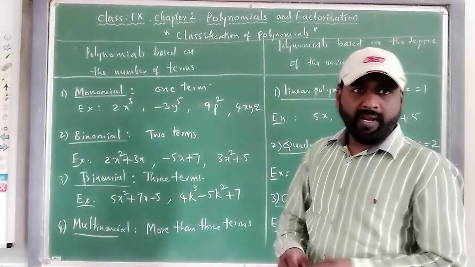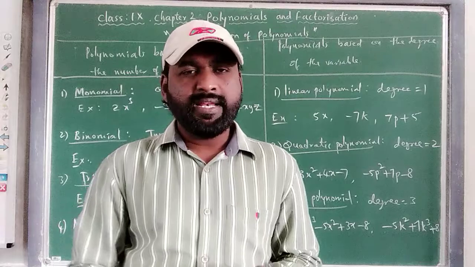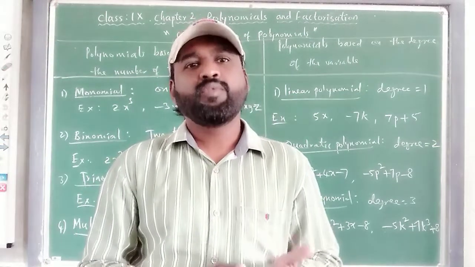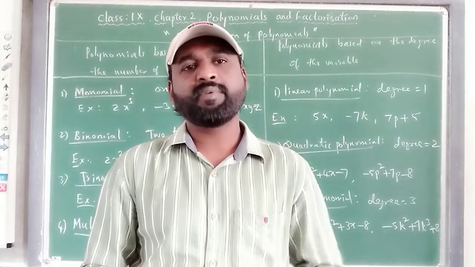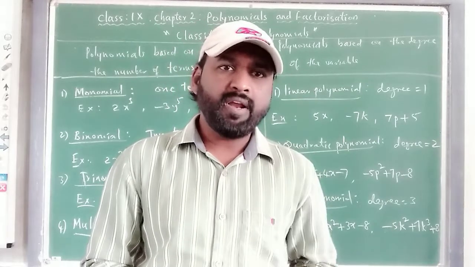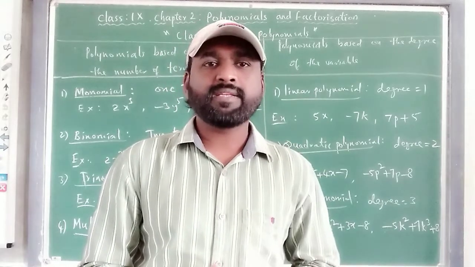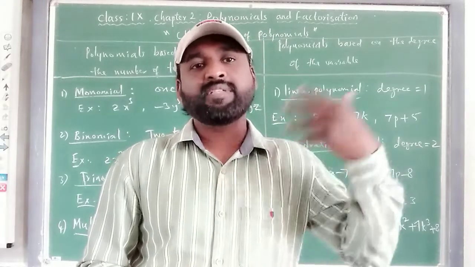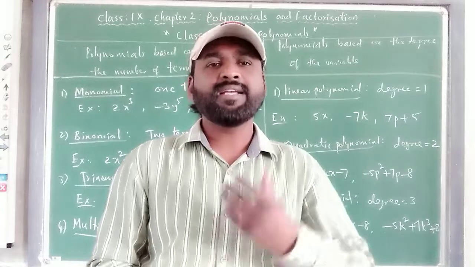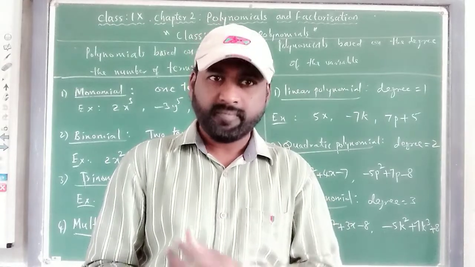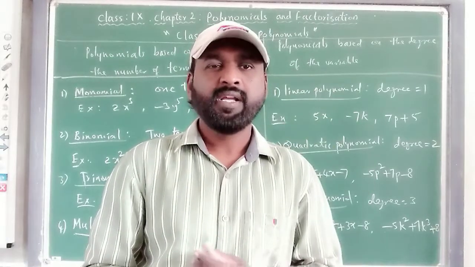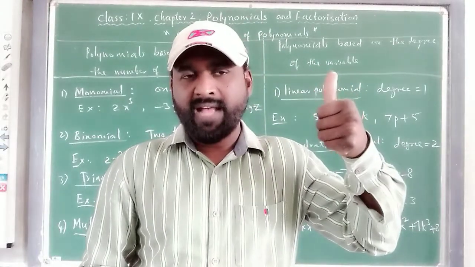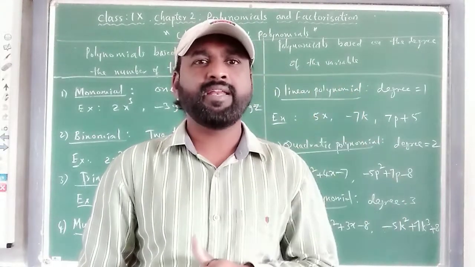Again, polynomials are named as linear polynomial, quadratic polynomial, cubic polynomial, 4th degree polynomial, 5th degree polynomial or nth degree polynomial. How are we classifying these polynomials as linear, quadratic and cubic? Based on the variable's exponent, that means the highest degree of the variable in an algebraic expression. If the variable has only one as highest degree, that is called a linear polynomial.